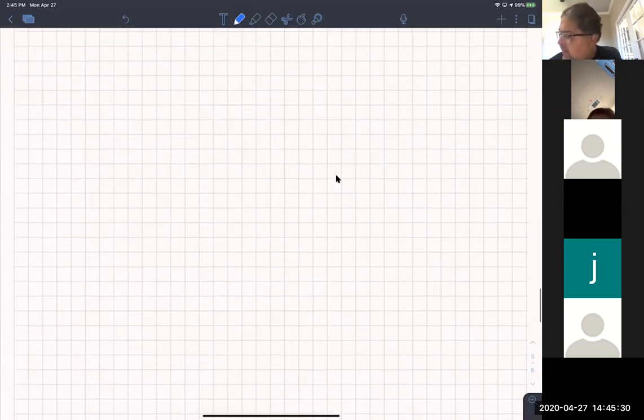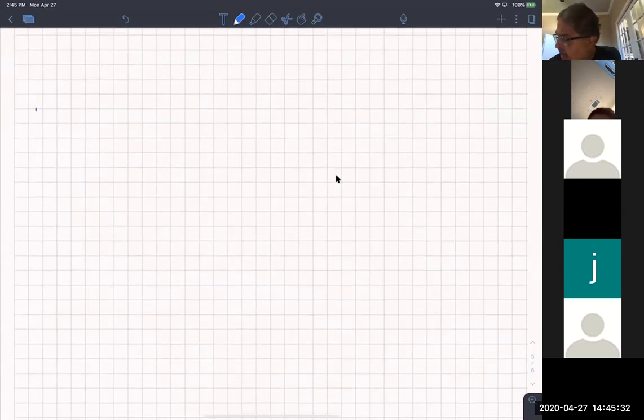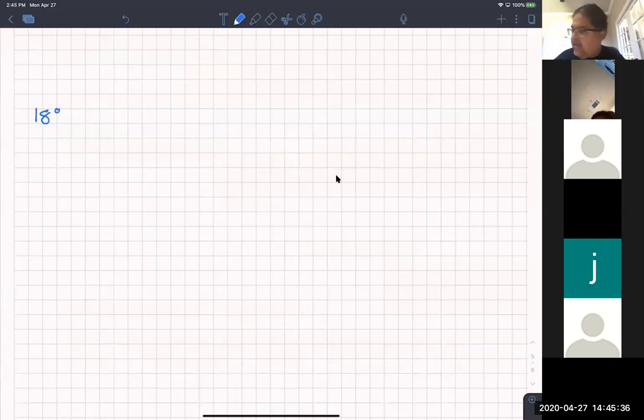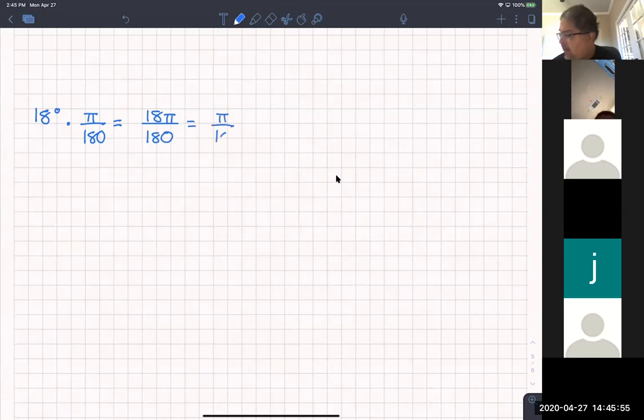Let's say I have 18 degrees. How many radians is that? You multiply that by pi over 180. You get 18 pi over 180, and 18 over 180 can be reduced to 1 over 10.